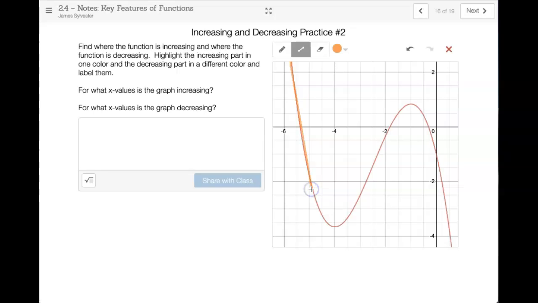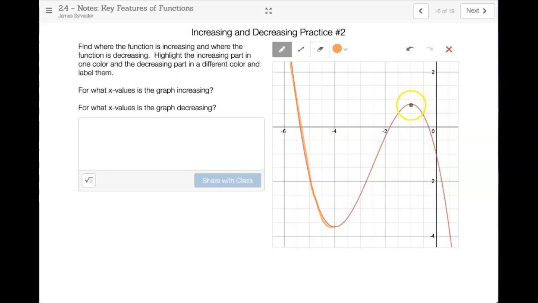Let me switch that up. So it's falling, aka decreasing, all the way till it gets to that minimum. So it's decreasing, let's say from negative infinity. Let's just assume it goes forever up and left. So it's decreasing, going down from negative infinity to negative 4, and then it starts.